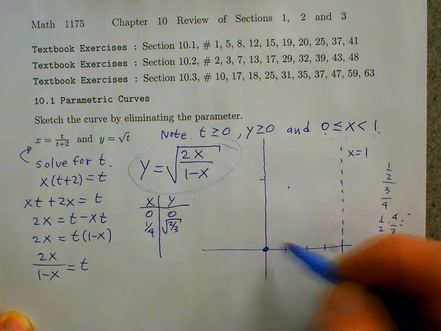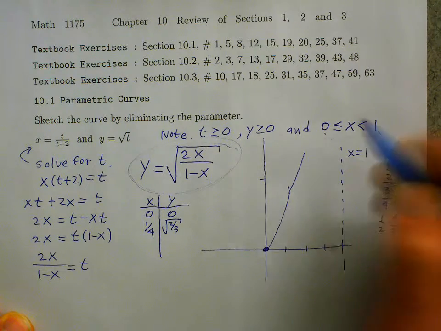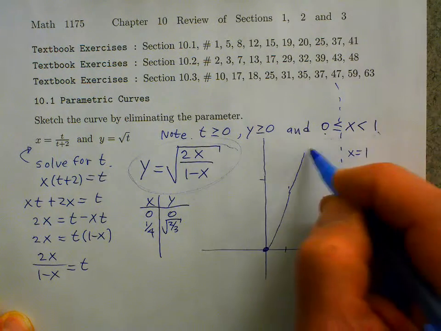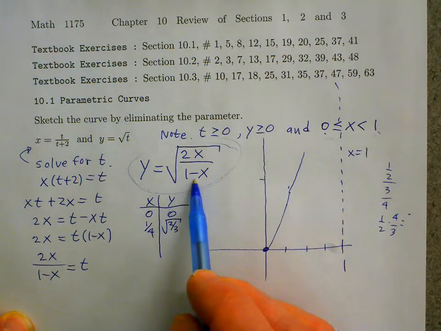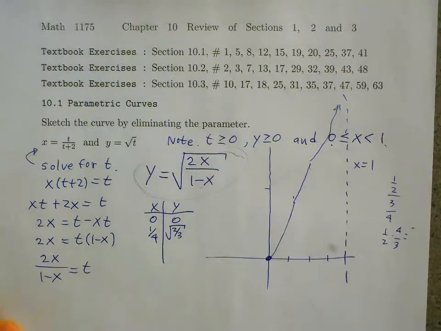So this is roughly what it looks like, but we know that it's going to be asymptotic to x equals 1. So that's a rough sketch.